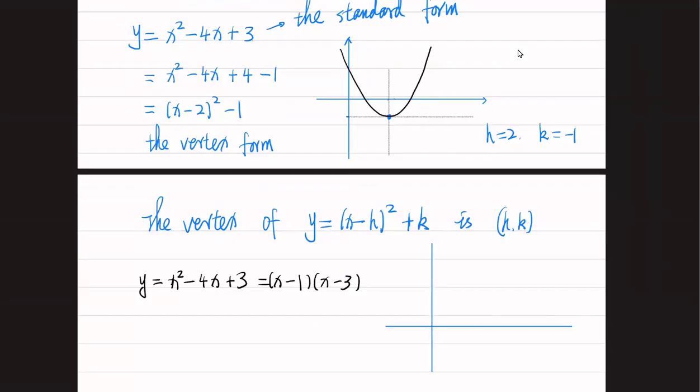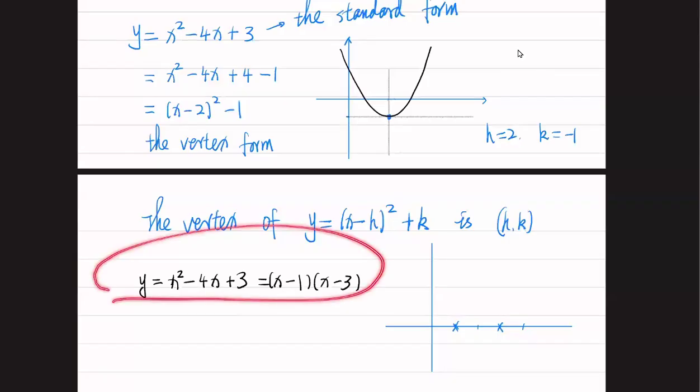Let's label this. The graph of this function goes through (1, 0) and (3, 0).